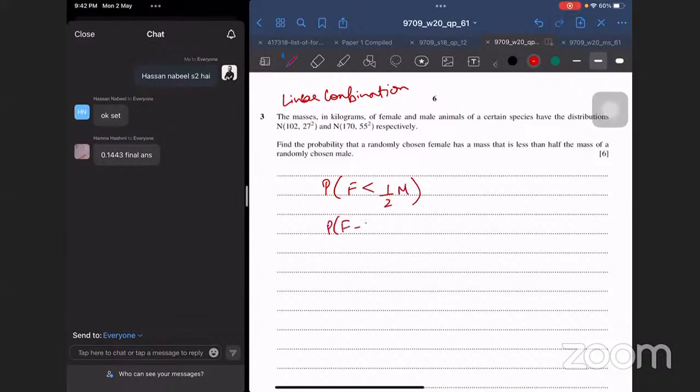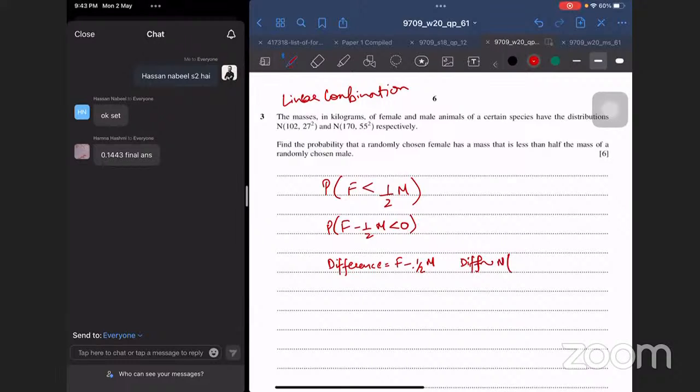So you move everything to one side and you create a new variable called difference, which is F minus half M. Difference will have a normal distribution.